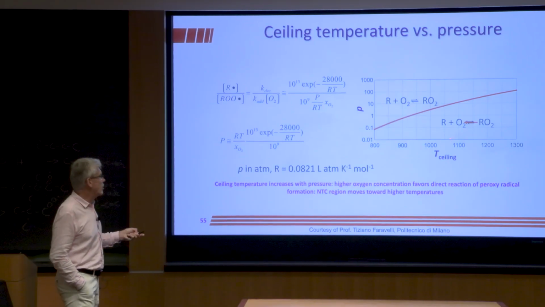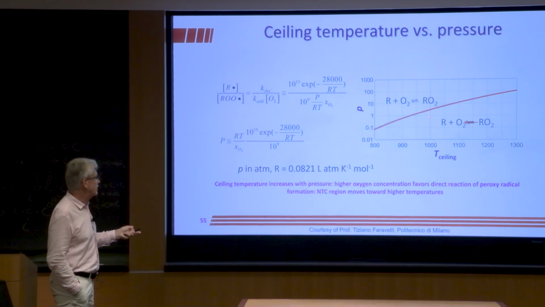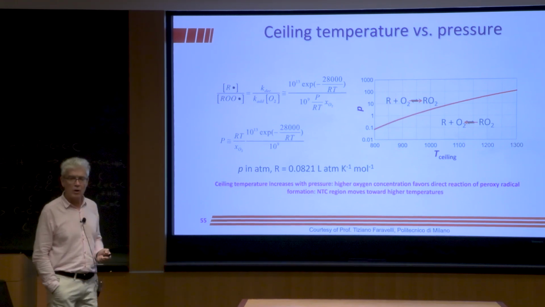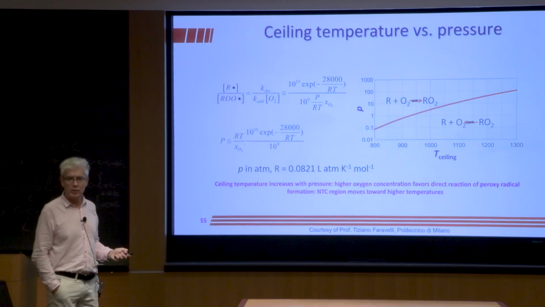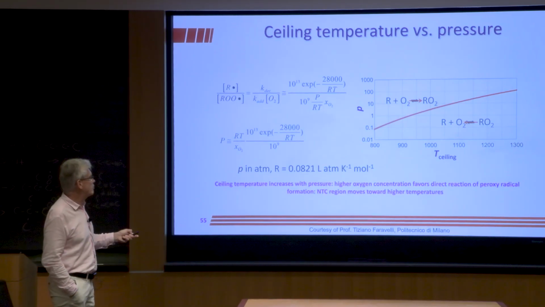If we go higher in temperature, higher in pressure, we'll reach a point where we're at equilibrium. And then if we go higher in pressure, now the equilibrium shifts to the right and we will produce RO2. So this ceiling pressure or equilibrium pressure shifts to higher temperature with pressure. So as you go higher in pressure, the equilibrium shifts to higher temperature.